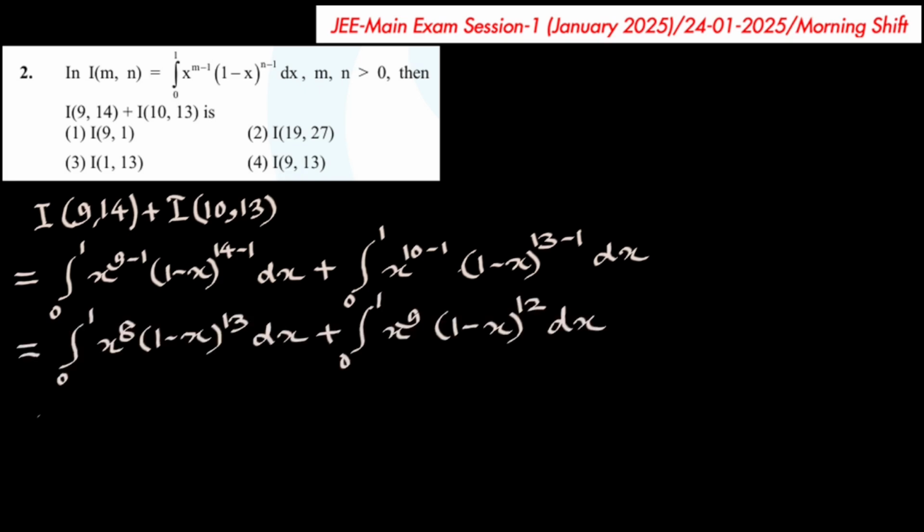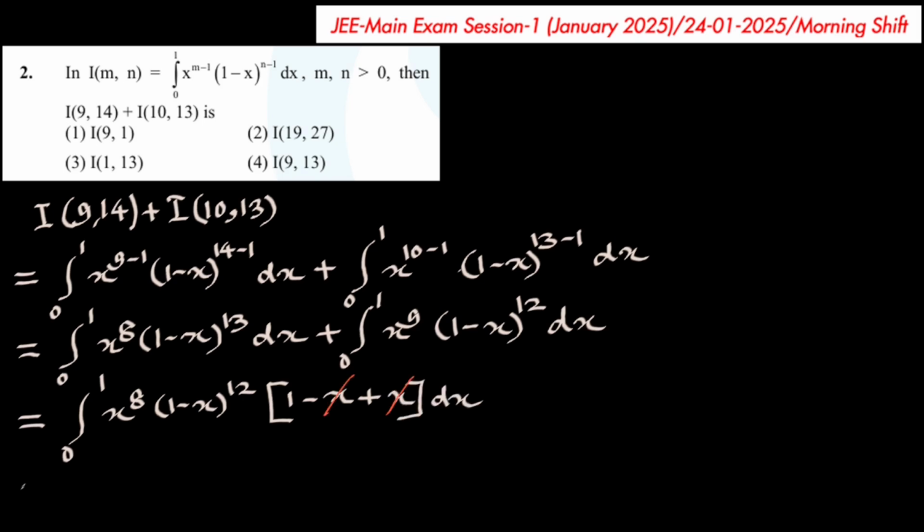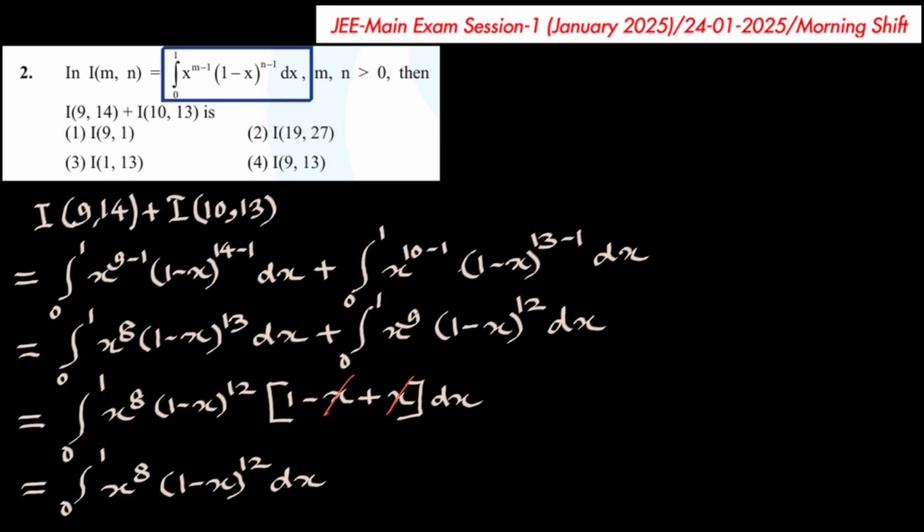since limits of integration are the same, we can combine these two integrals and write, taking x raised to 8 common and (1 minus x) raised to 12 common, (1 minus x plus x) dx, which becomes, now carefully observe this integral here, where this m is obtained by adding 1 to this m minus 1 and this n is obtained by adding 1 to this n minus 1.